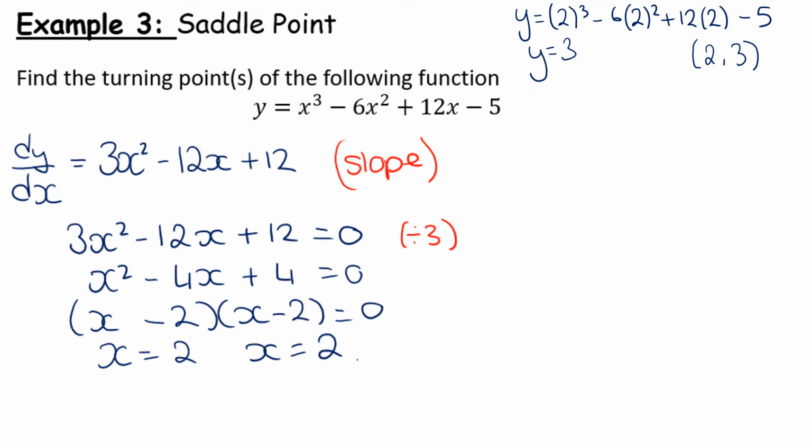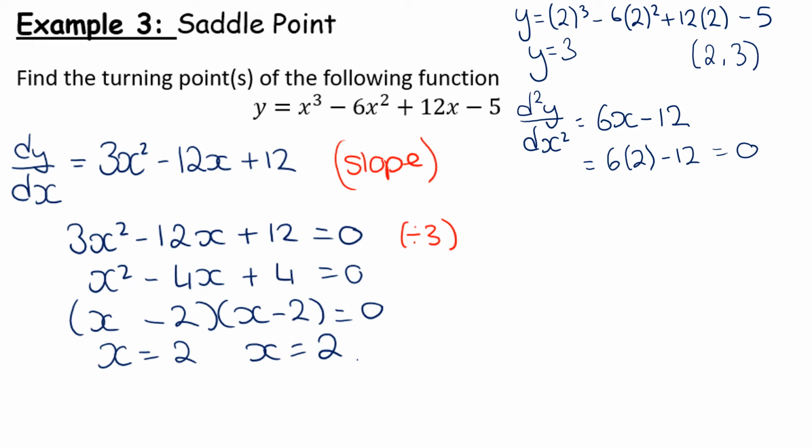So I'm going to do the second derivative here, d squared y dx squared. And that is 6x minus 12. I'm going to sub in 2, so that's 6 times 2 minus 12, which gives us 0. Okay, so we know that if the second derivative is positive, it is a minimum turning point.